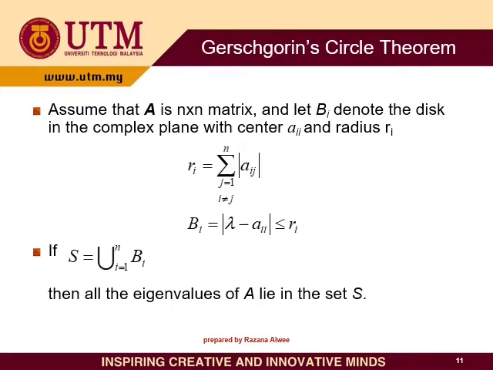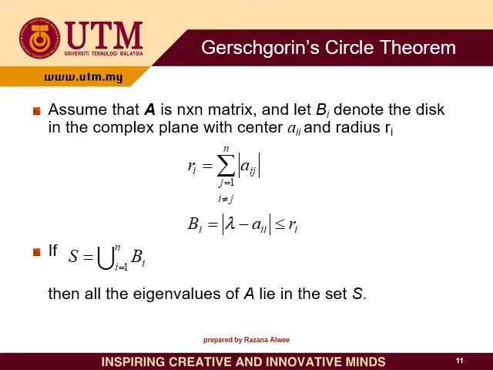Usually, when we want to solve a real-world problem, we want to know where the initial value of the eigenvalues is in the plane. Because when we want to apply numerical methods, we need to have the initial value, so we need to know where it is located.